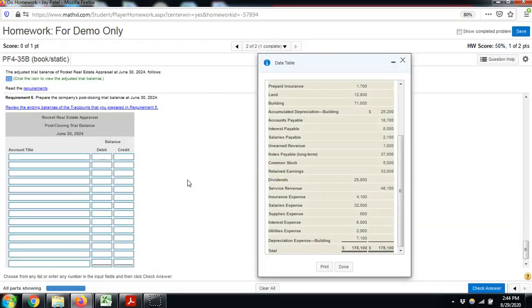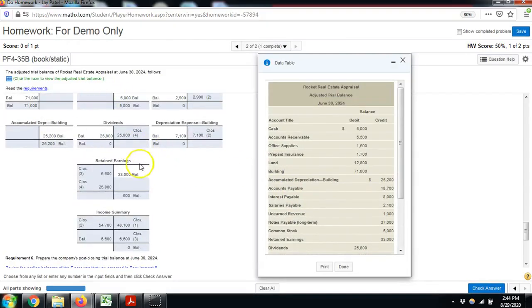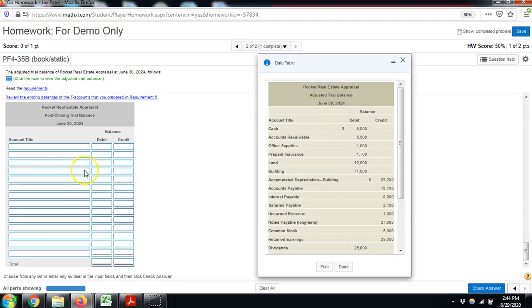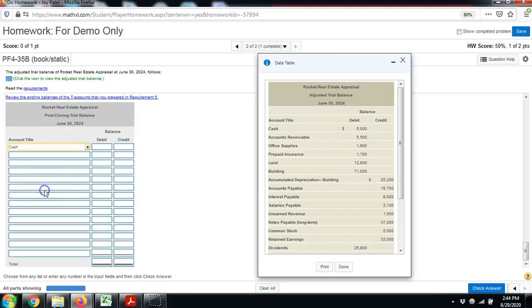And then finally we have our post-closing trial balance. So we're basically taking all the balances from these T accounts and putting them here and not including the zero balances. So let's start from the top.